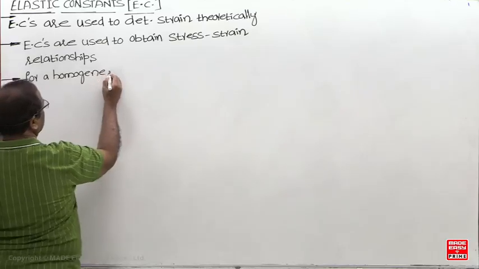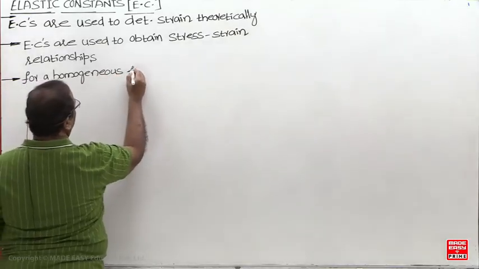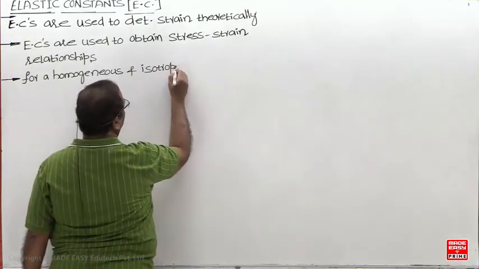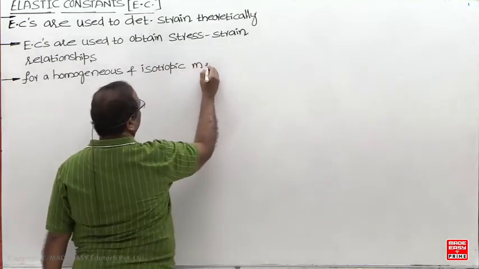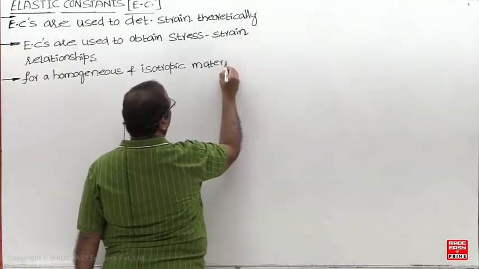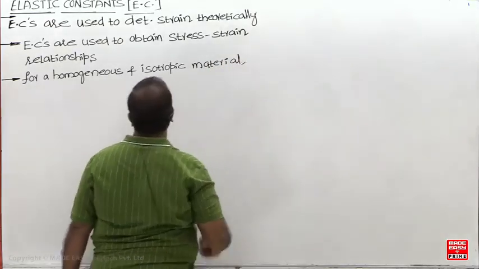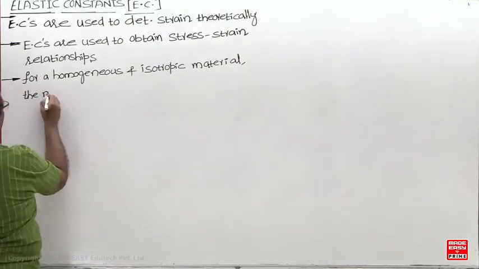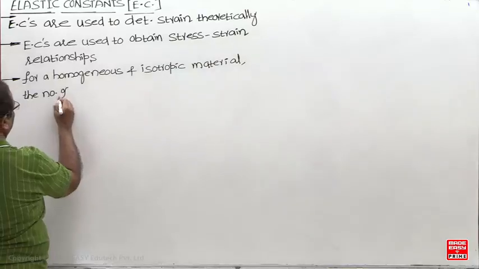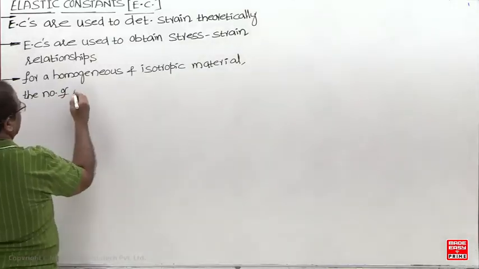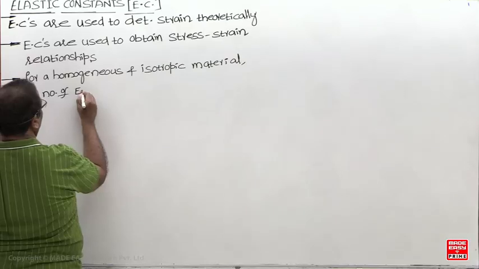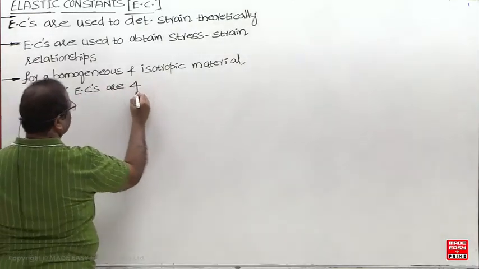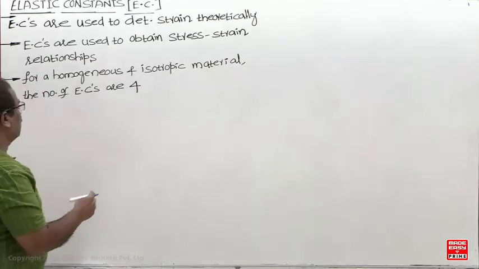For a homogeneous and isotropic material, the number of elastic constants is 4.